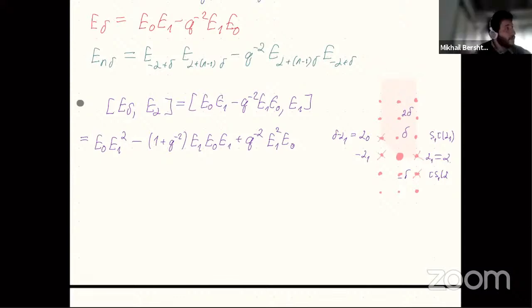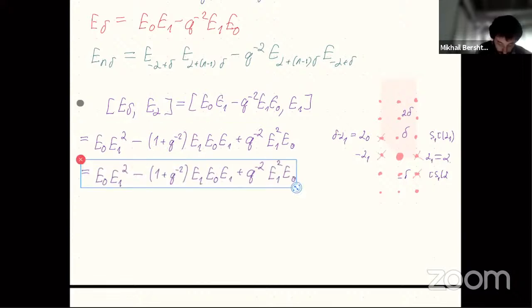What is t? So, okay, let me rewrite it this way, just very simple rewriting. You're right, Vanya, yes.